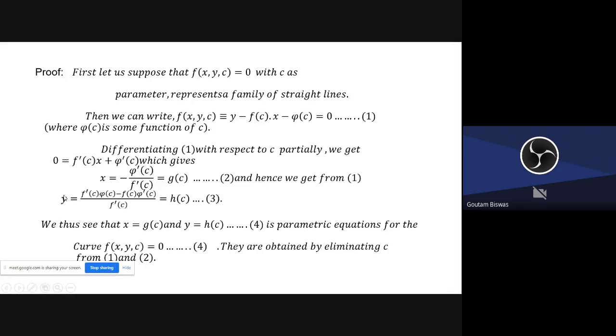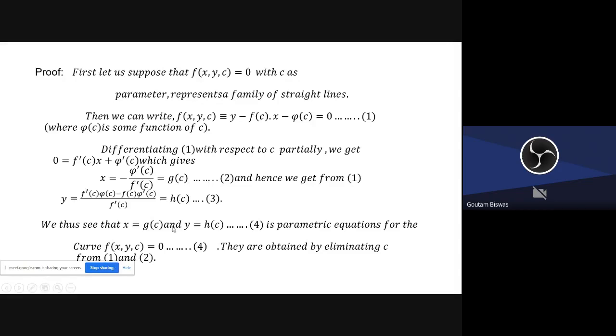Now these two equations are obtained from this equation and this equation, is it not? They are obtained by eliminating c from 1 and 2. So it should be 1a and 1b.